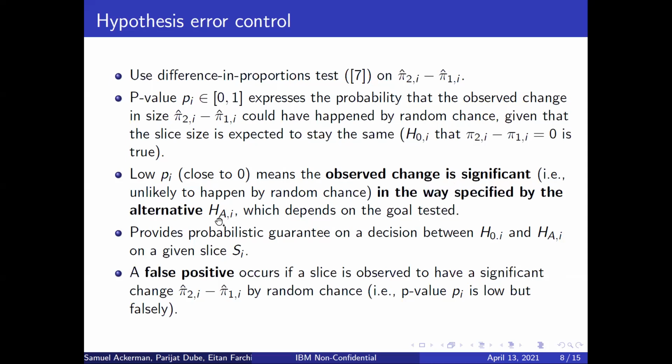Because we have 2 different alternative hypotheses, their p-values will be a little bit different for each goal we're trying to test. And again, the p-value probabilistically lets us choose between the alternative and the null, where the null is that there's no change for each slice. A false positive occurs if the slice has, by random chance, a large size change.